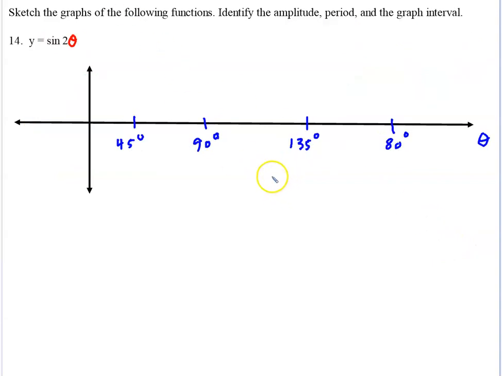And we'll do a sine graph. So amplitude in this case is 1. That's the number in front of sine. The period is 360 degrees divided by 2 in this case. So that's 180 degrees. And for sine, this should say theta intercepts.